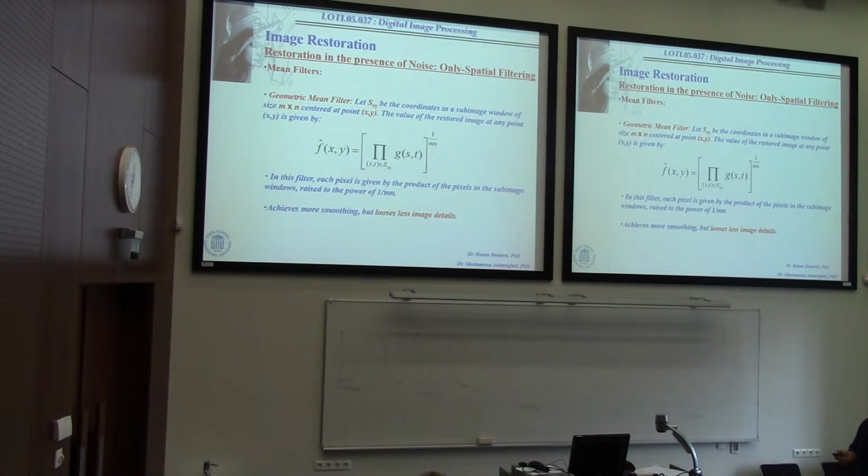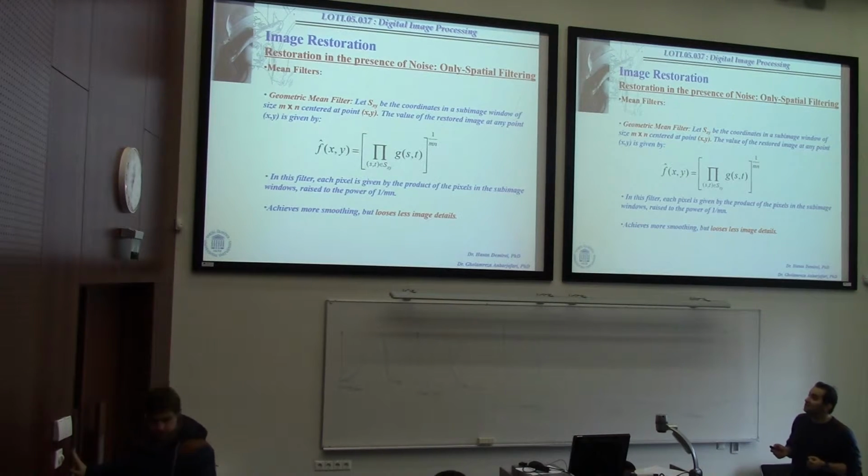Another filter that we can use in the category of the mean filter is the geometric mean filter. You can restore the image by using this equation. It's a restored image, it's not exactly the original image. We use the product of g(s,t). This is the filter that we use for the noise reduction.